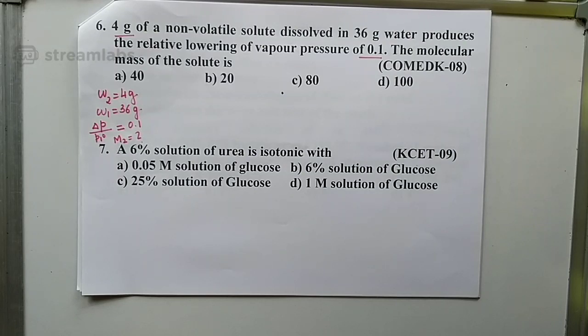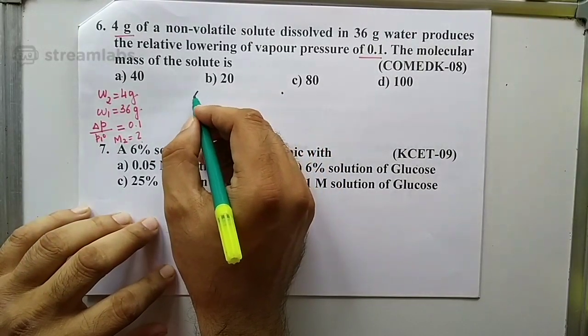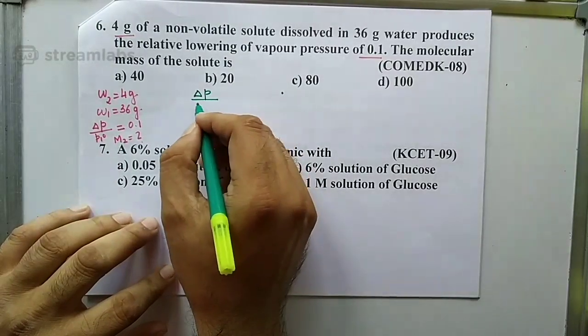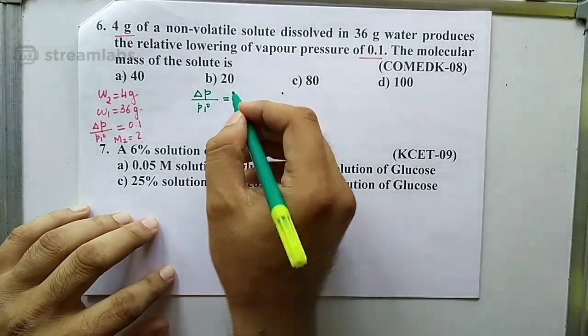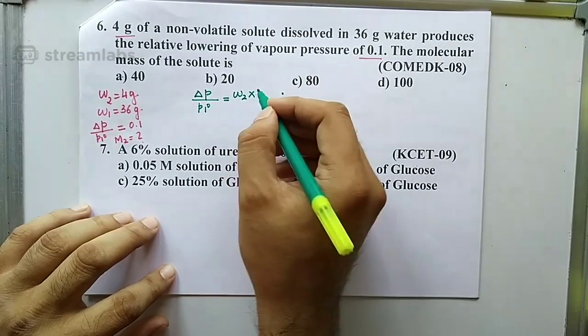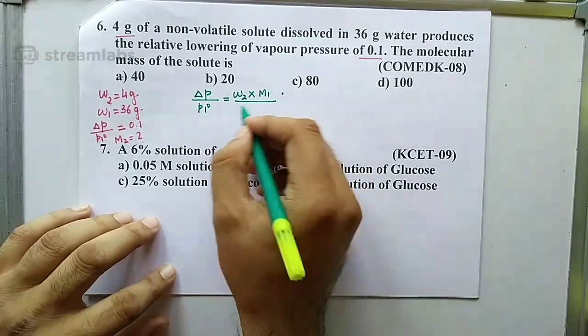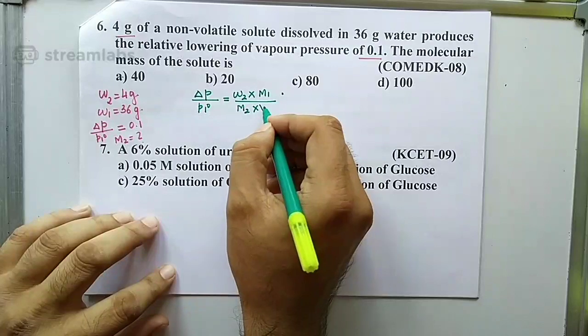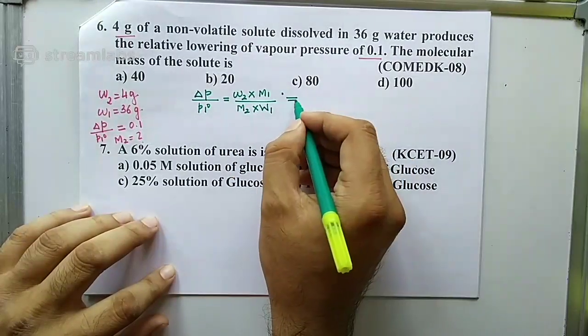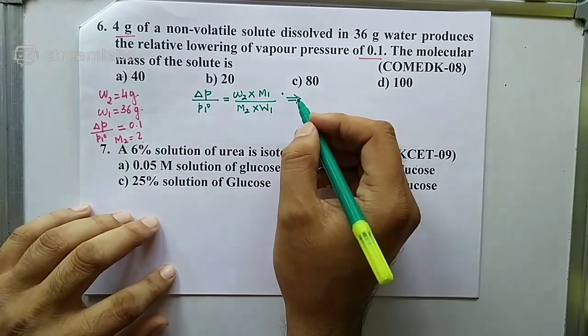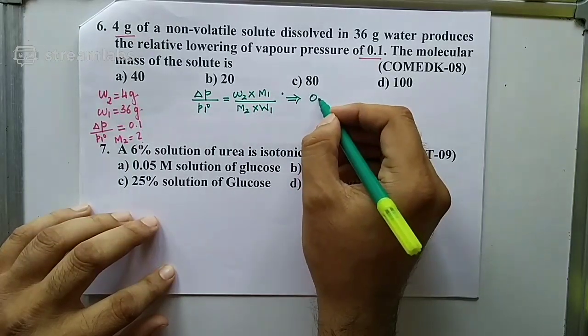Now we know that we have a formula: delta P divided by P1 naught is equal to W2 into M1 divided by M2 into W1. Let us substitute. Delta P by P1 naught is given as 0.1.